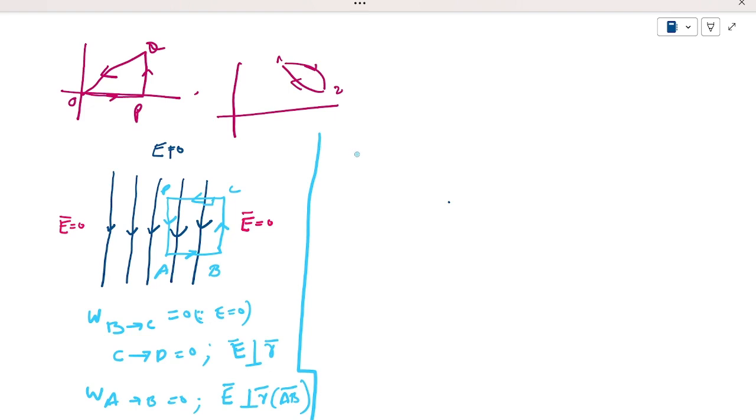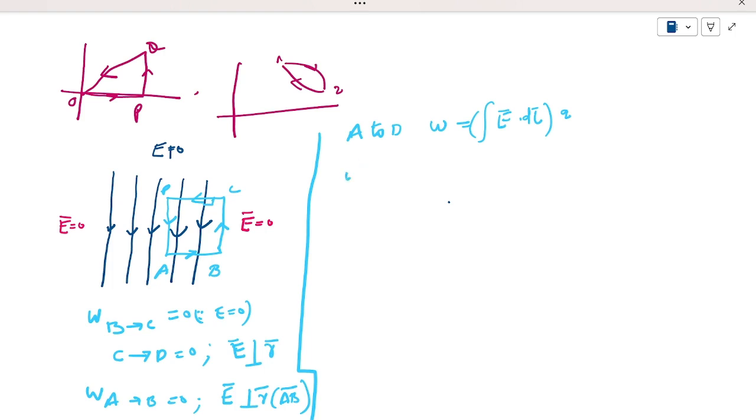Whereas in the case of A to D or D to A, the arrow mark from A to D is given. Now the work done is equal to the integral of E dot dl, potential E dot dl, times Q. Work done is potential times Q, and potential is E dot dl.